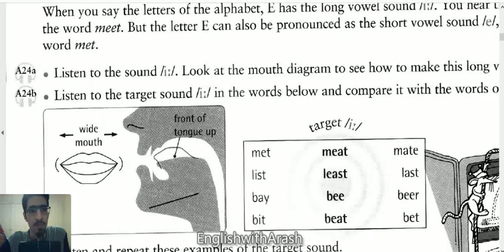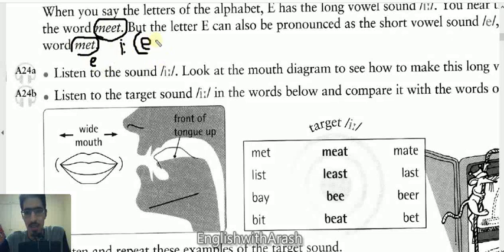So it's telling us that if you see E, you can't say it's always this sound or always that sound. Sometimes it's one, sometimes it's the other. For example, in the word meat, it's the long E, but in the word met, it's the short E. So this is the sound, this is the spelling. The same letter can have two different sounds.